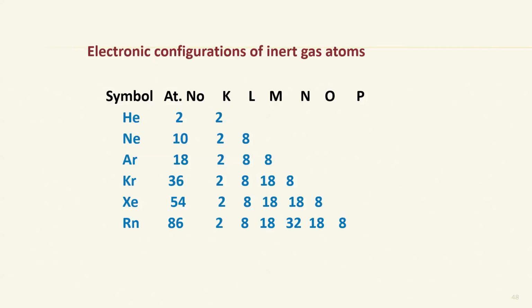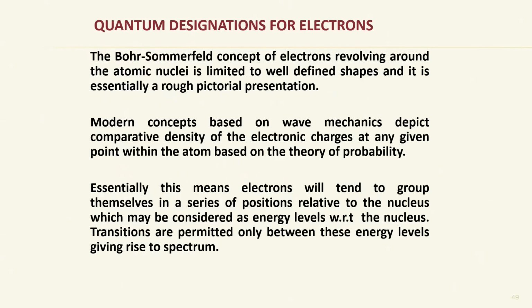Okay. So, the quantum designations for electrons are also important. The Bohr-Sommerfeld concept of electrons revolving around the atomic nuclei is limited to well defined shapes, and it is essentially a rough pictorial presentation.